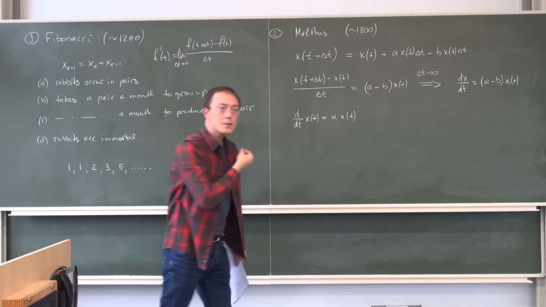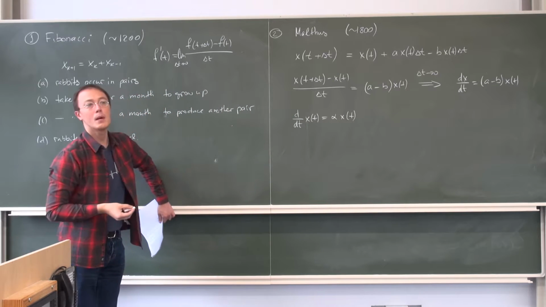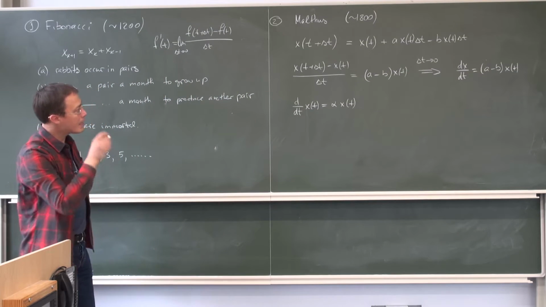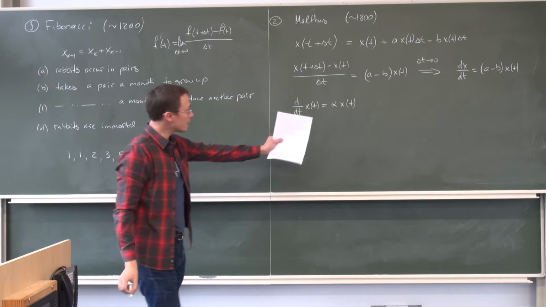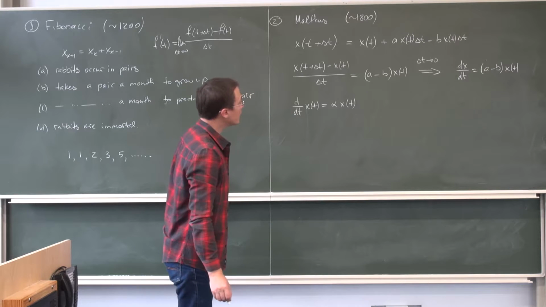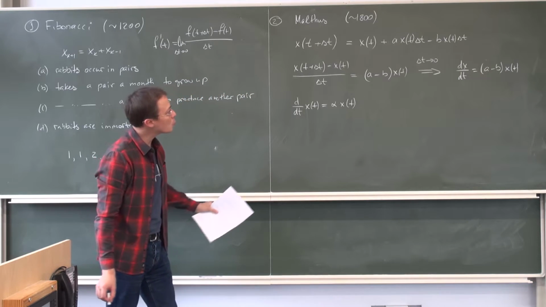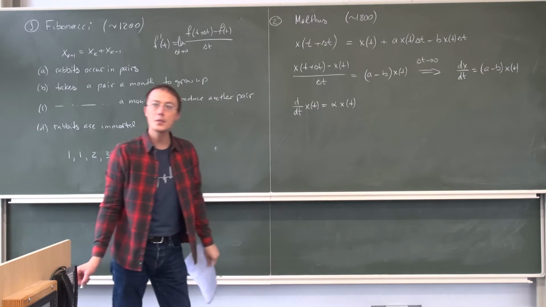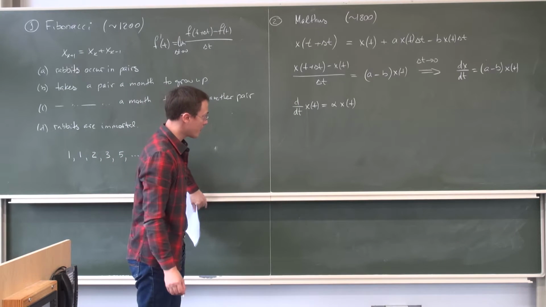To you, this is first order chemical kinetics. To Malthus, this is population dynamics. Now, this difference between the birth rate and the death rate is quite critical because it determines whether alpha is a positive or a negative number.